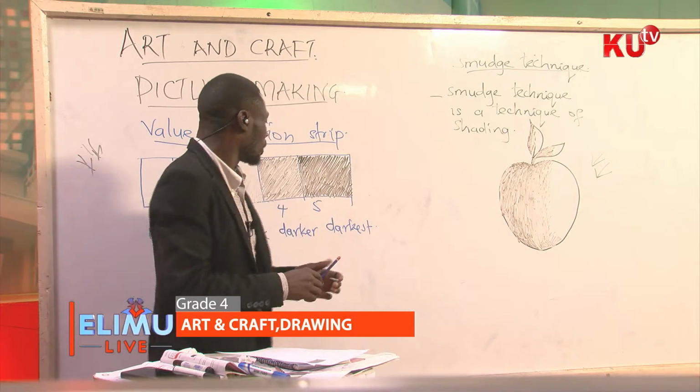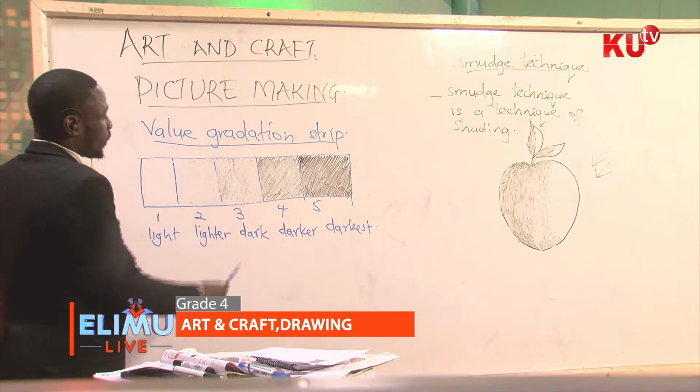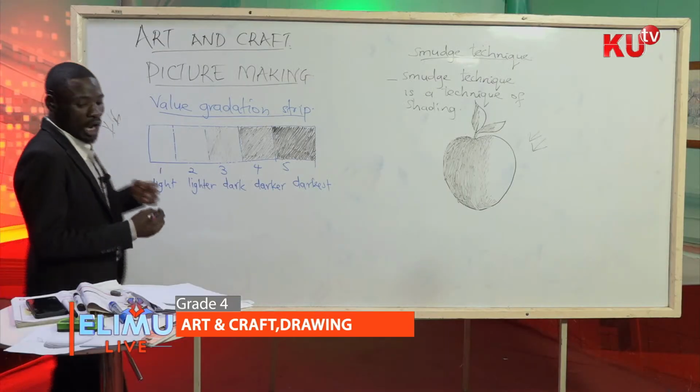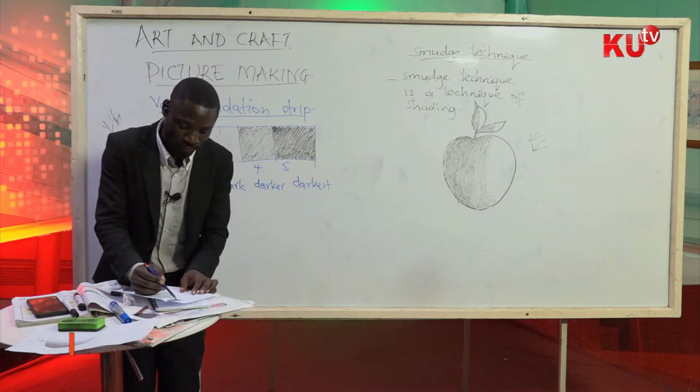The third box, on our board here, is dark. So how are we going to come up with a dark form?